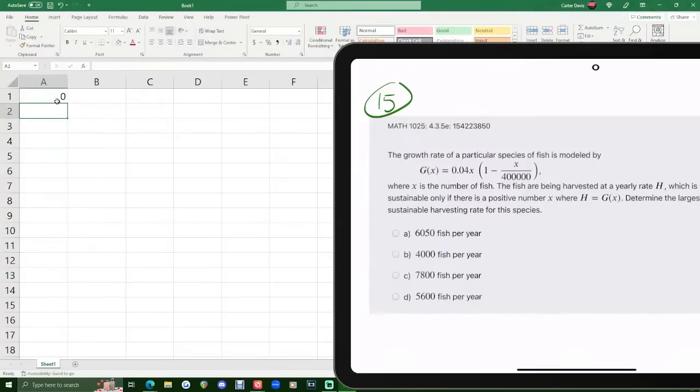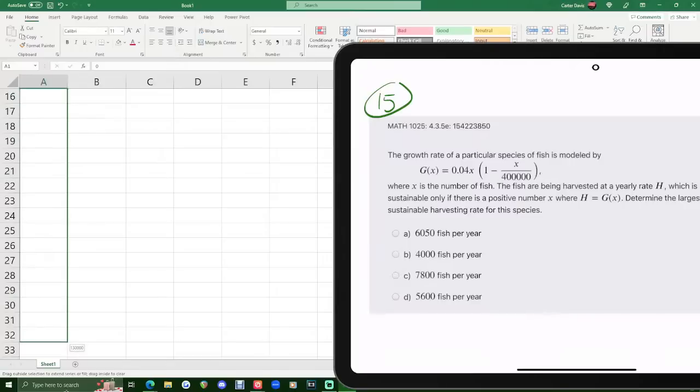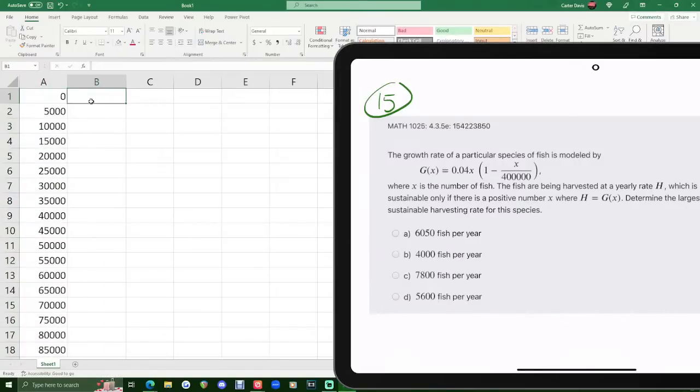We're going to start at 0 and go up by 5,000 each time. So 5,000, 10,000. We're getting in the 100,000s here. And to make this fun, we're going to go all the way to this number. This will kind of be a guide. So 400,000 in this case. Went way too far. Let's back it up. So right there, 400,000. Going up by 5,000 each time, starting at 0.